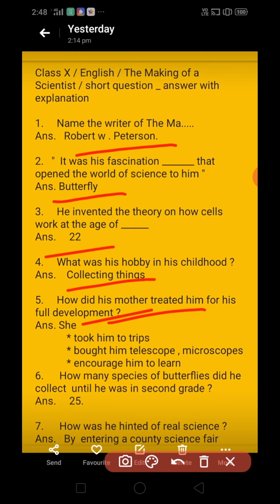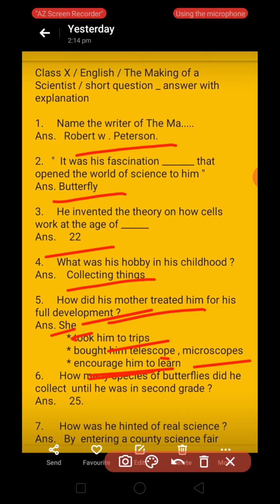As a result, she took him on trips, brought him a telescope, a microscope, and different science-related playthings, and in this way she encouraged him to learn different things. This is the treatment his mother provided to him for his all-round development.